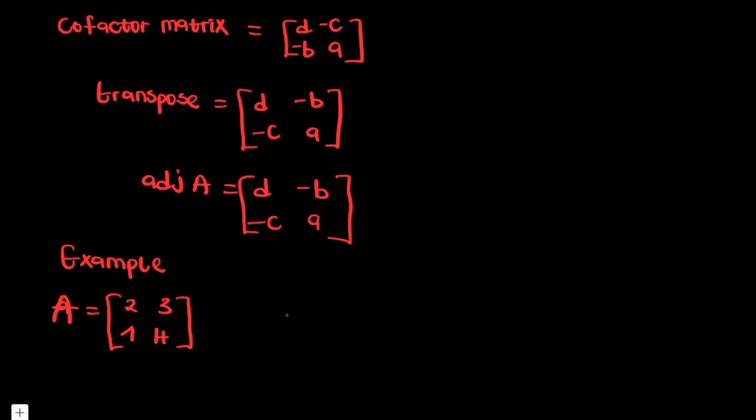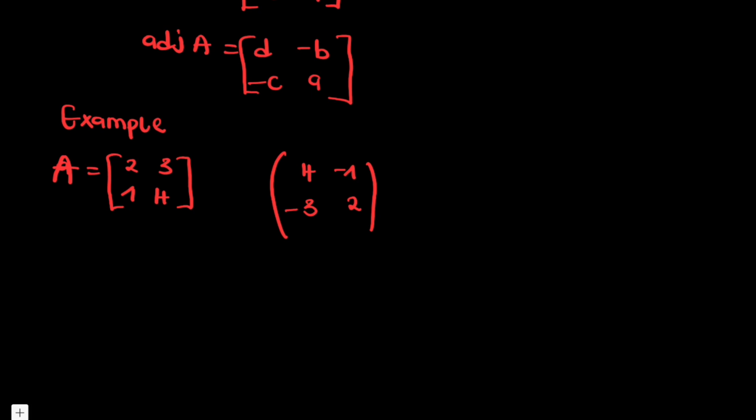Remember, you switch the positions of the elements at the diagonal. So we have 4 and 2, and those which are not at the diagonal, we switch them and change their signs. And then you look for the transpose of that matrix. So this will give 4, minus 1, minus 3, 2.